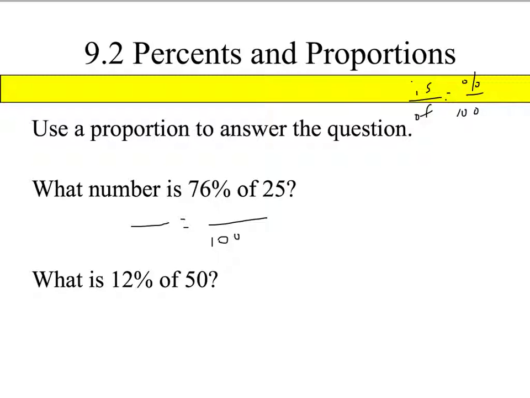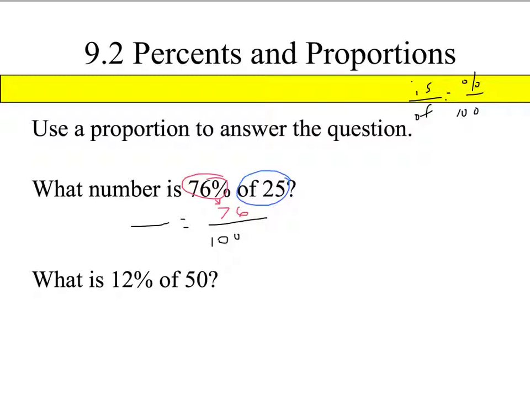My first question, do you see a percentage in this very first problem? Yep, it's 76%. So 76% is going to go over 100. Our percentages are always over 100. Next, notice how 25 is kind of attached to my of. It's right next to my of.